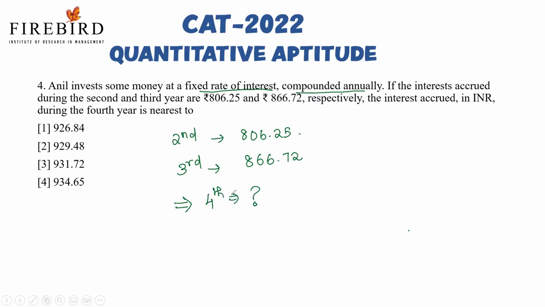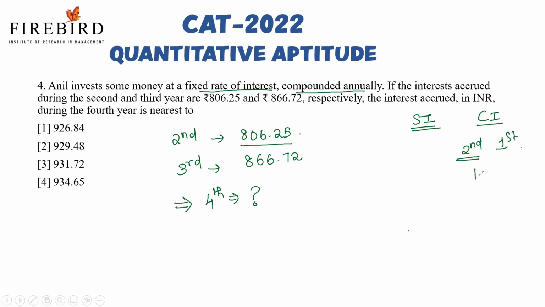Okay, so you should know one concept. I hope you all know that in simple interest, the interest remains the same for every year. But when it comes to compound interest, from the second year onwards, we will calculate interest on the first year's interest also.